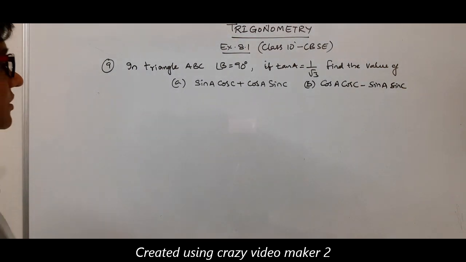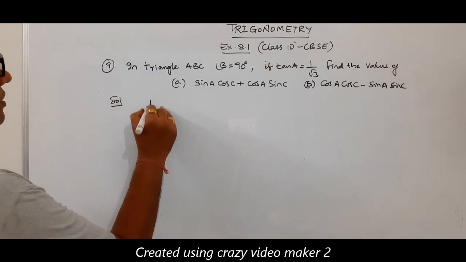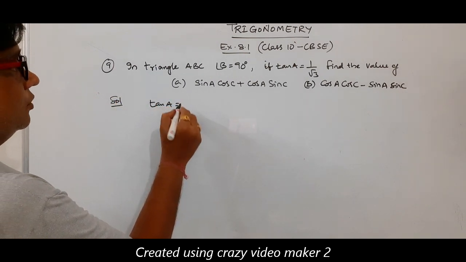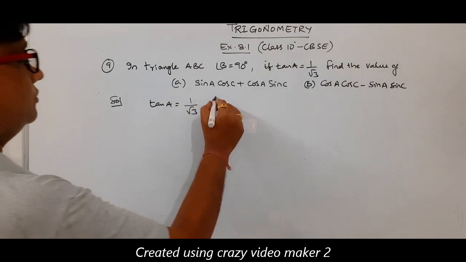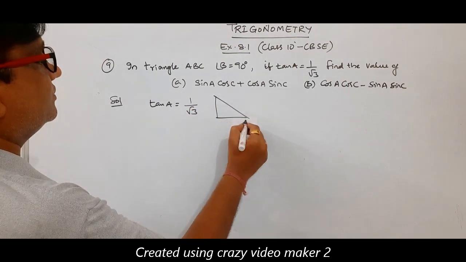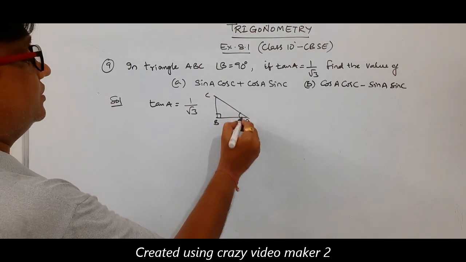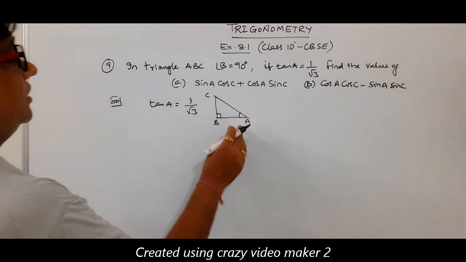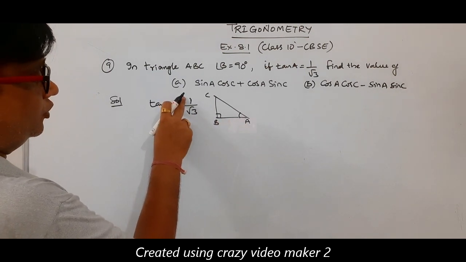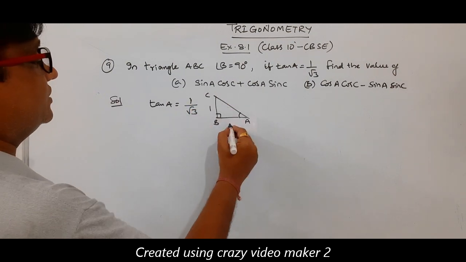So let's see, we are given tan A equals 1 by root 3. Write the triangle like this: A, B, C, angle B is 90. This is tan A. So what is the meaning of tan A? It means opposite by adjacent. So opposite is 1, adjacent is root 3.